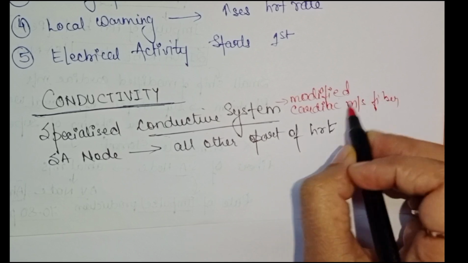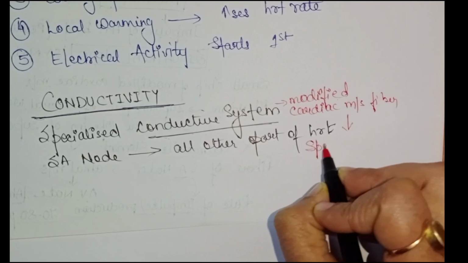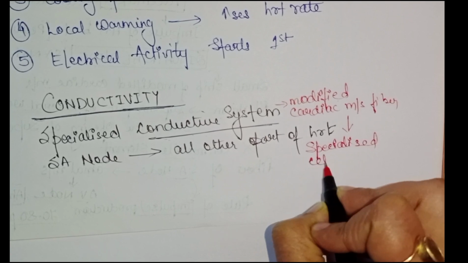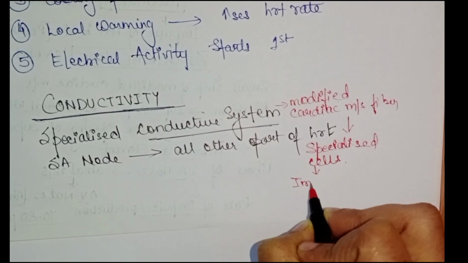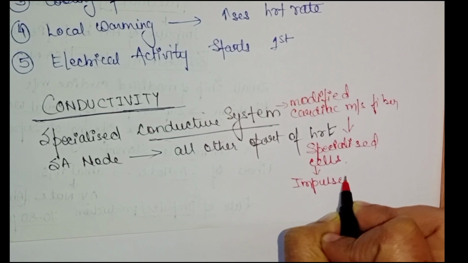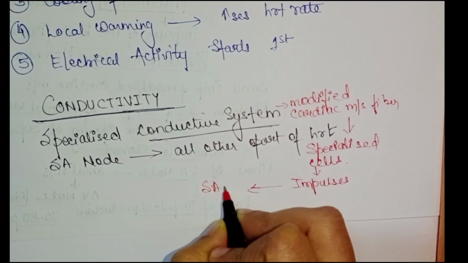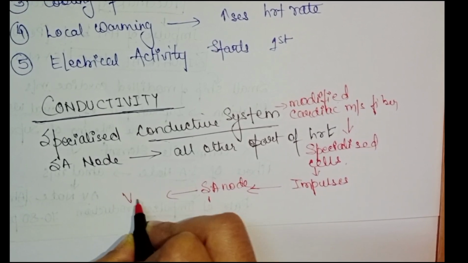These muscle fibers are specialized cells which conduct impulse rapidly from SA node to ventricles.